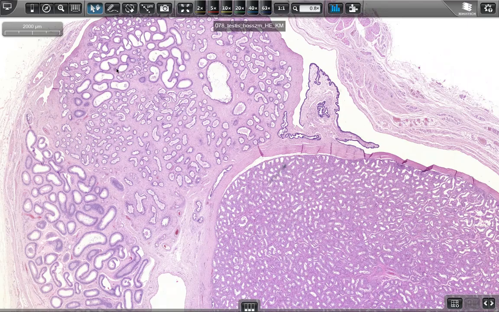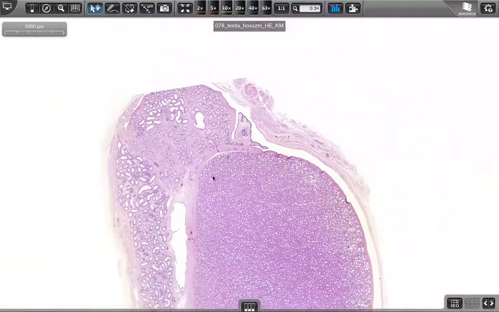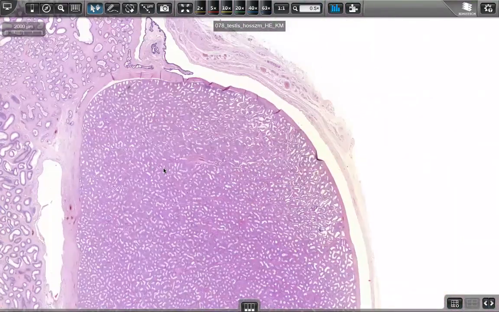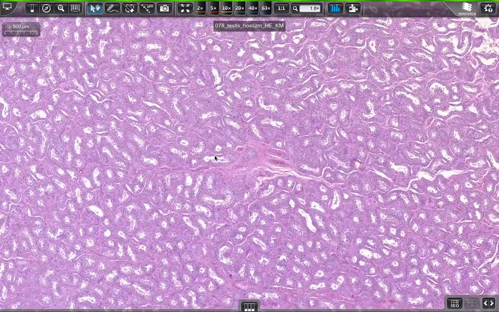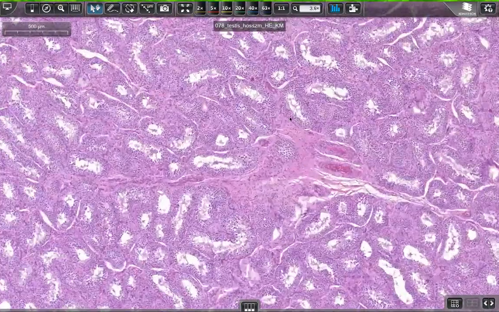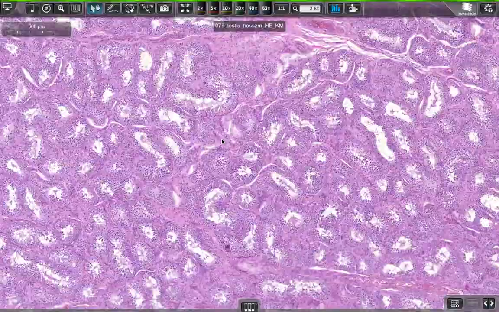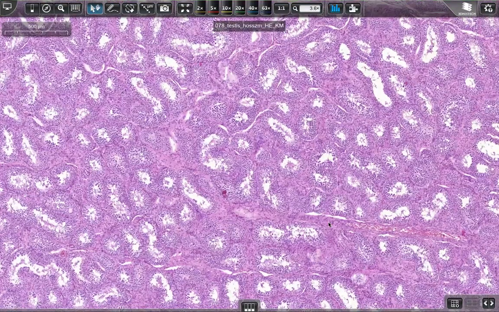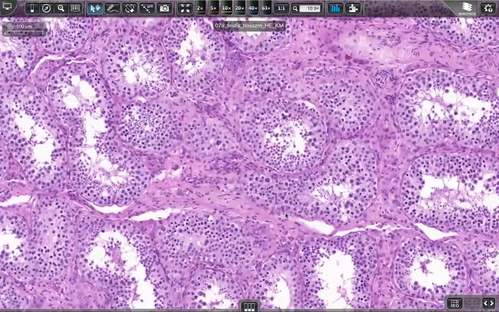The efferent tubules are there, and when we zoom in, by the way, here we can see the septa. These are the septa, followed by vessels, definitely. So the dense irregular connective tissue forms septa.